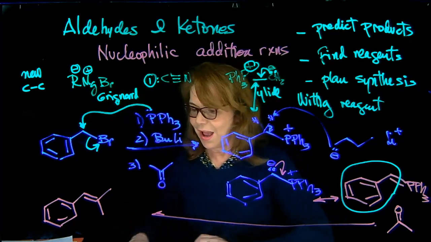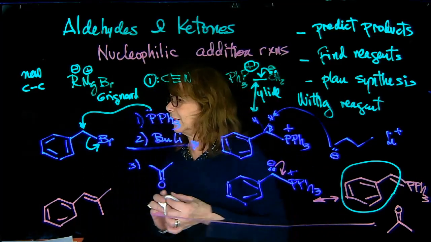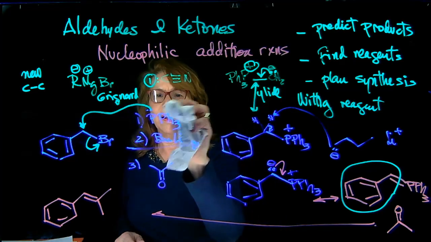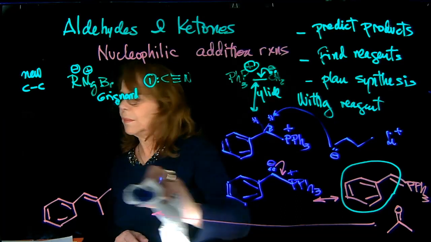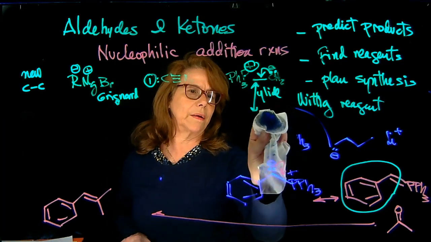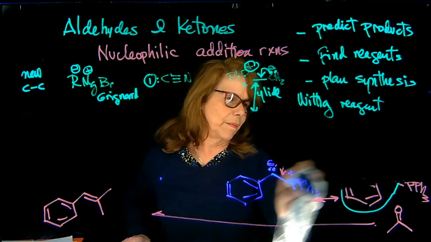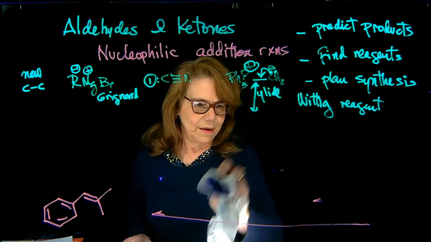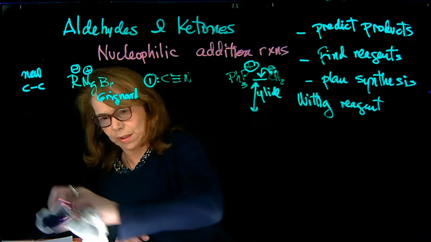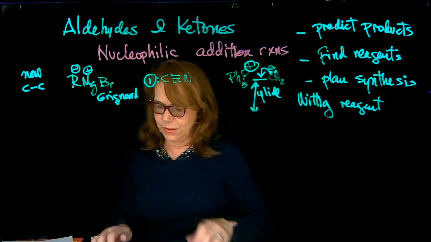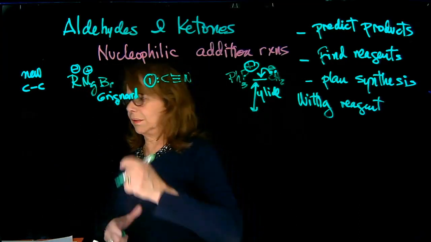So I'm going to do another problem of Wittig in the same direction. Let's say now that we are, this time, predicting products again. In the first example that I did, we only had one product. Now here, I'm going to be doing something a little bit different.